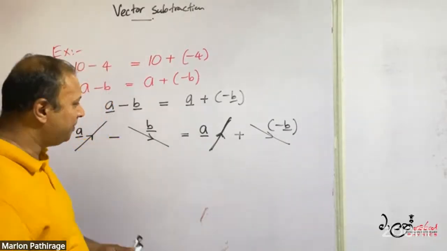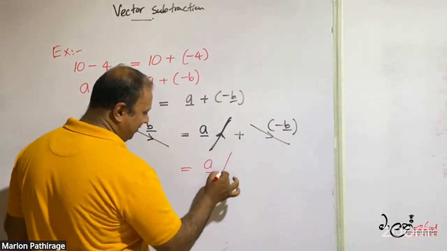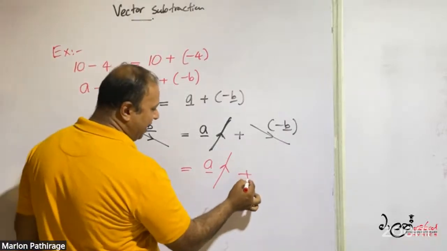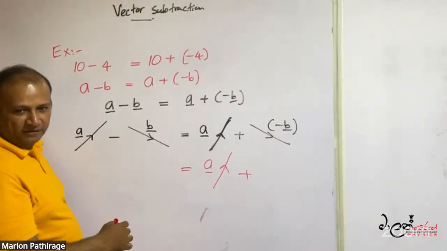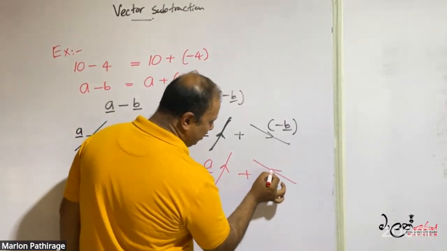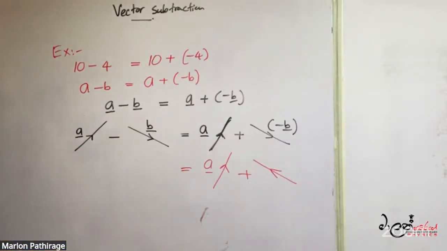Now this is very easy. This is the first vector. You have to add the negative vector of the second vector, which means you have to change the direction only.